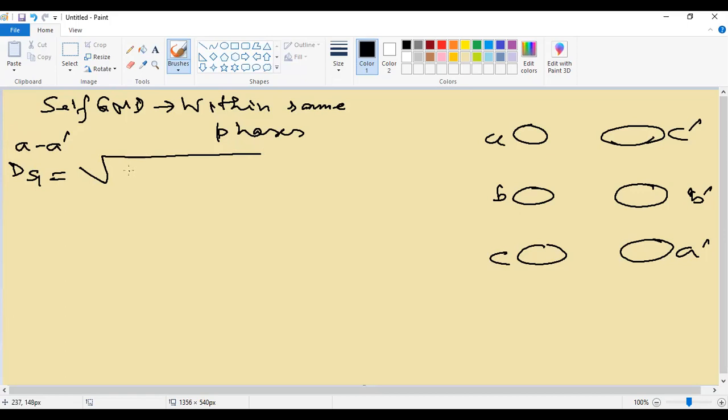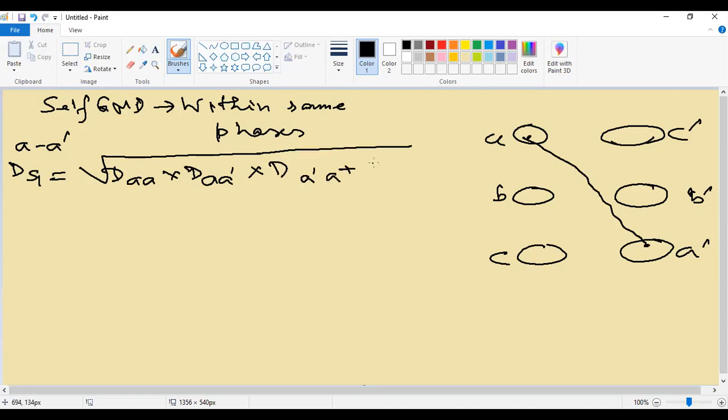For self GMD, first we'll take DAA into DAA dashed, means the distance from this to this. Then next is DA dashed A plus DA dashed A dashed. How many distances are there? 4 distances. So we'll put the 4th root of that.